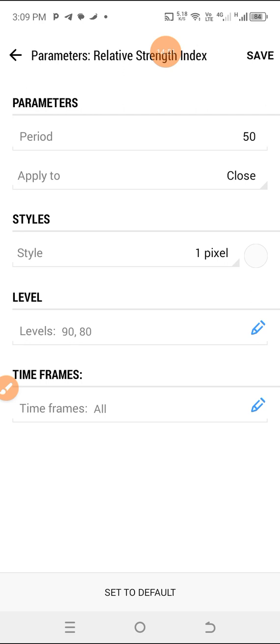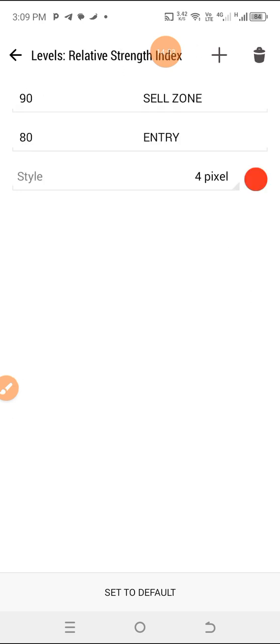We only need the levels. So you can see that level 90 is the zone where you should be expecting to sell, and immediately price crosses level 80, like what you saw on VIX 75, I place a sell. So that is our sell region. Immediately price closes below it or crosses below it, then we expect to take a sell. When price gets to your 50 level, you TP. That means that's your first TP, or you close, since you are scalping.